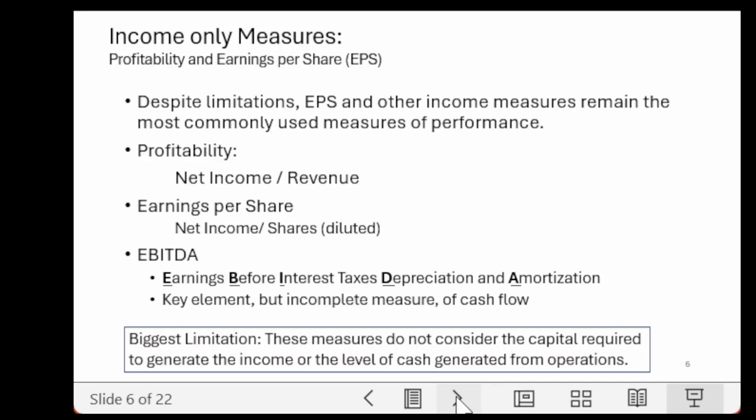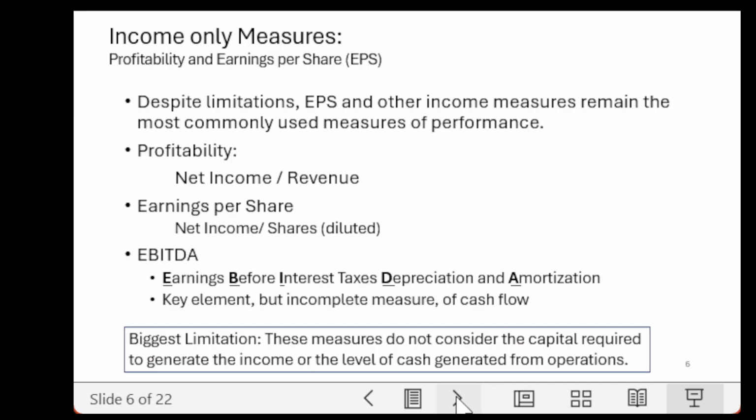They're pervasive throughout the capital markets, and you will hear CEOs and analysts talk about EPS and EPS growth. Profitability is net income divided by revenue. It's not a bad measure, it's just incomplete. Earnings per share, not a bad measure, just incomplete. What is the net income available to each share?